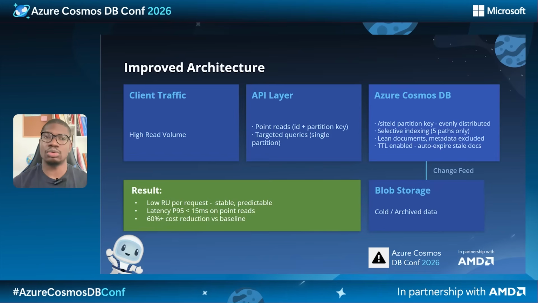Same workload, much lower cost. We now have lower RU per request, P95 read latency under 15 milliseconds, and cost that scales in a predictable manner with actual usage rather than design depth.